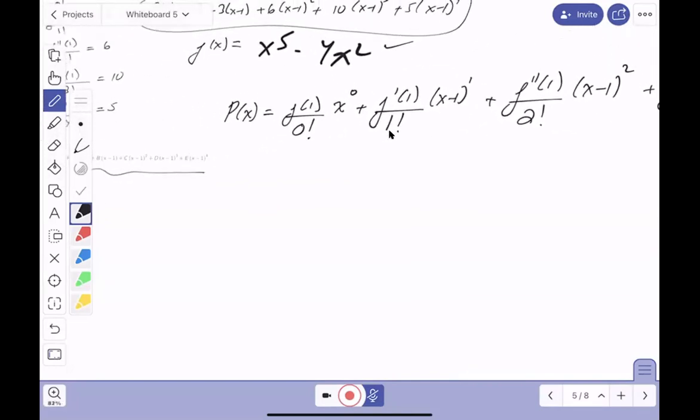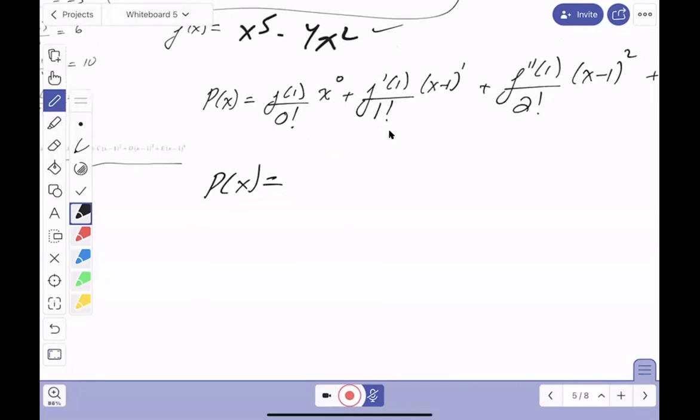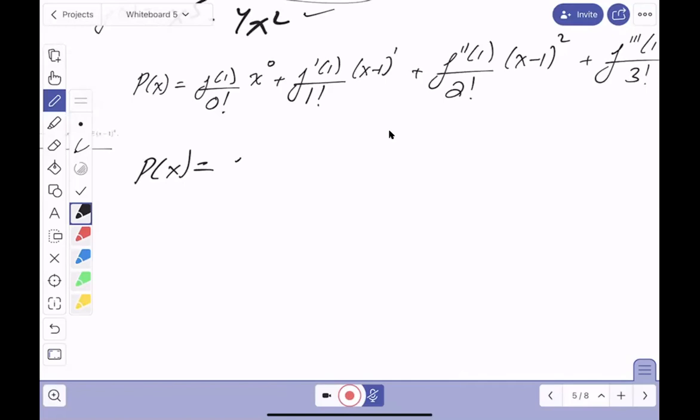You may find this curious, though. The actual P of x, if I took it out 5 times, let's write that down now. If I did it 5 times, that would be f of 1 x to the 0 over 0 factorial.